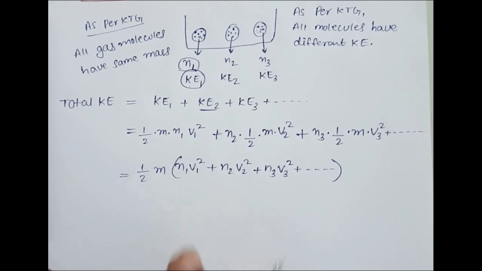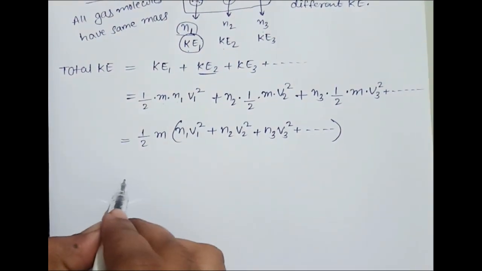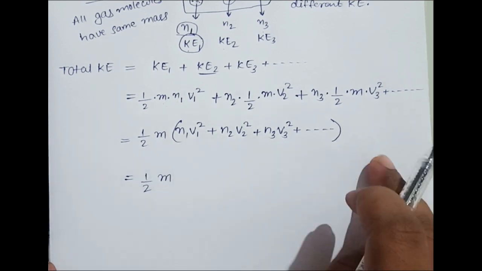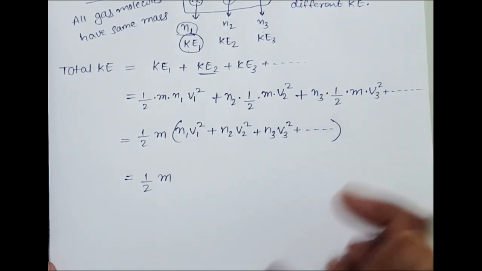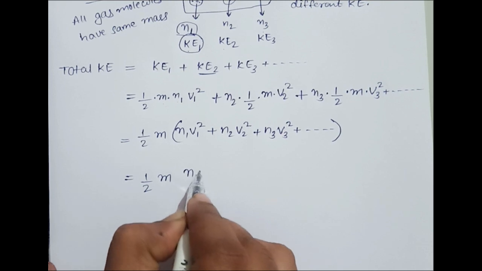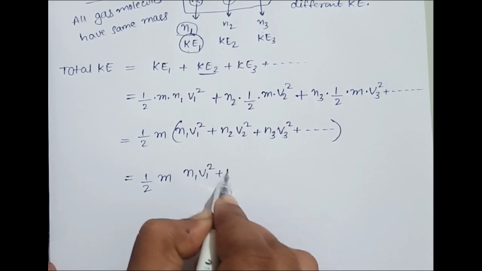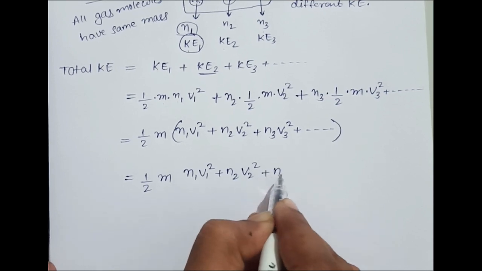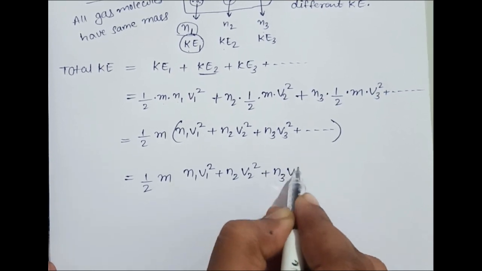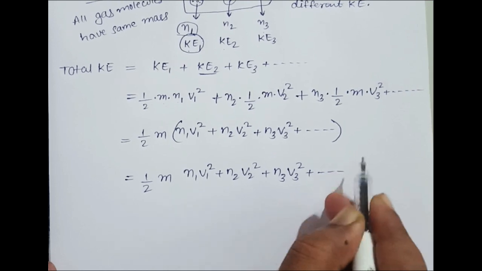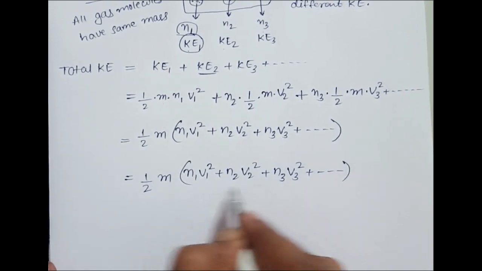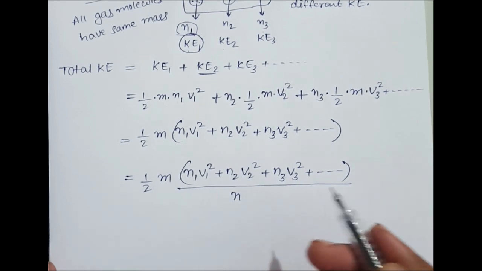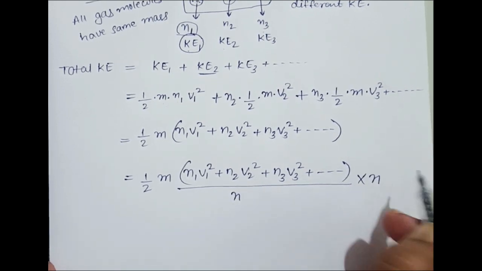Now I am making a simple modification: to half m, let us divide by the total number of molecules and multiply by the total number of molecules. So n1 v1 square plus n2 v2 square plus n3 v3 square plus so on, you are dividing by the total number of molecules, which is n1 plus n2 plus n3, let us say n, and multiplying by the total number of molecules.